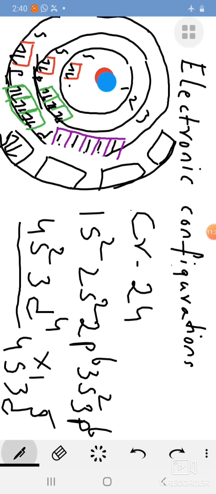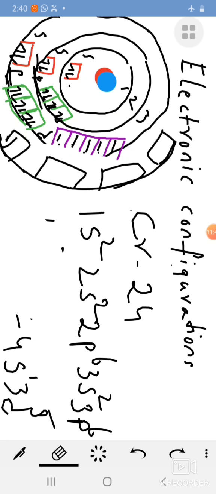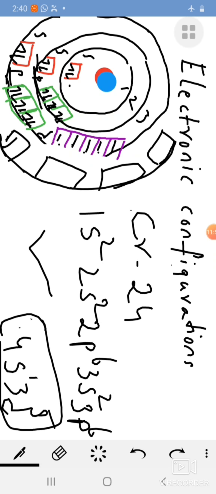So the 4s orbital is filled with 1 electron. This is an outermost stable electronic configuration. So chromium achieves 4s1 3d5 electronic configuration.